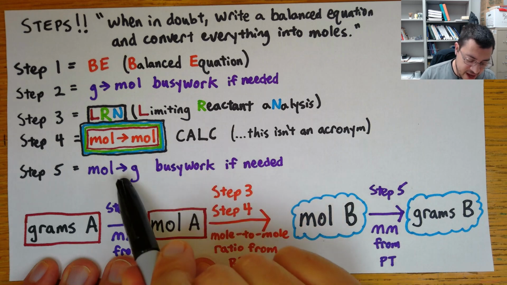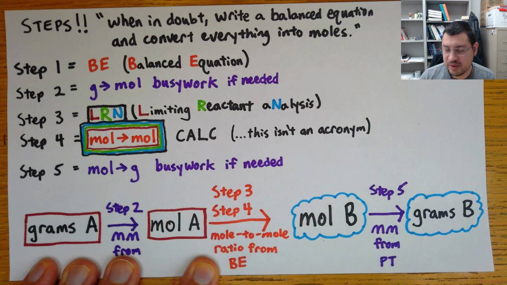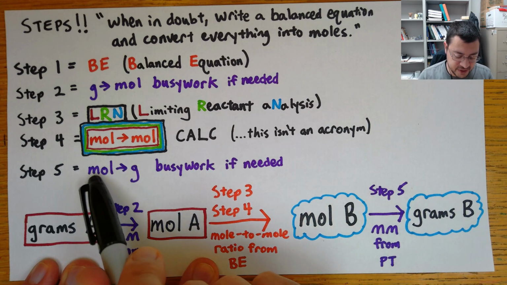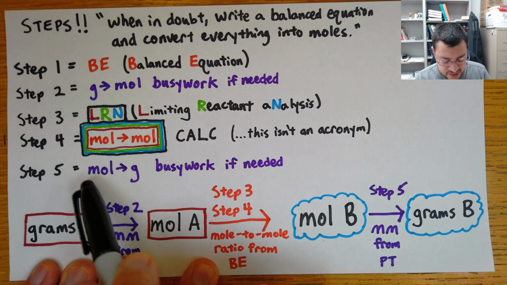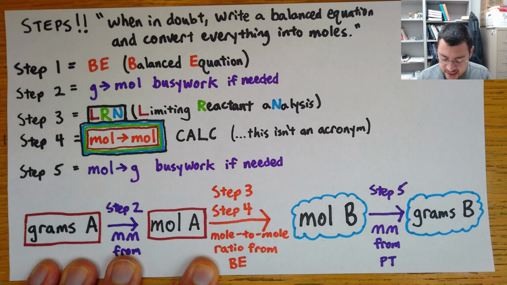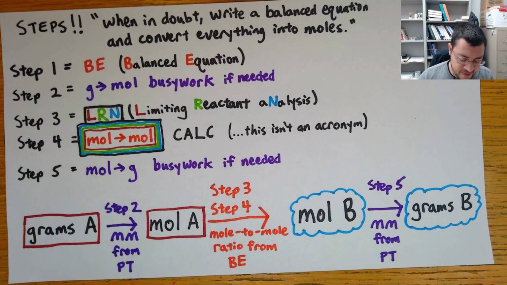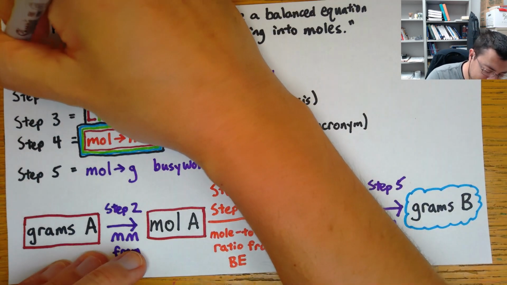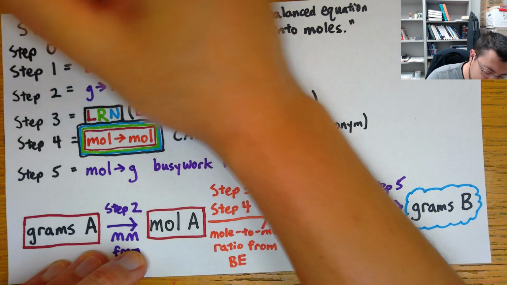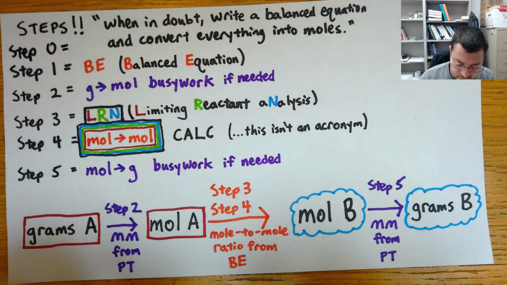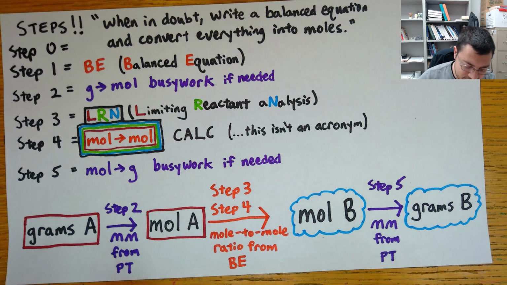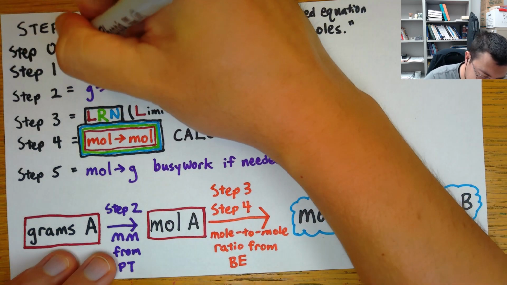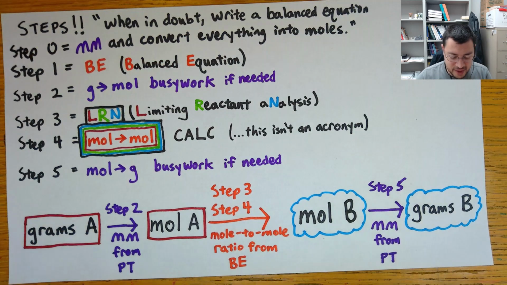And step 5, if they ask for it, and they do today, we'll do the busy work of using molar masses to convert everything into grams. If you want, you could consider a step 0 where you calculate all those molar masses needed. Just get that over with. Some people like to get it over with.